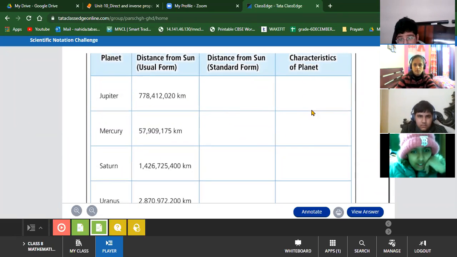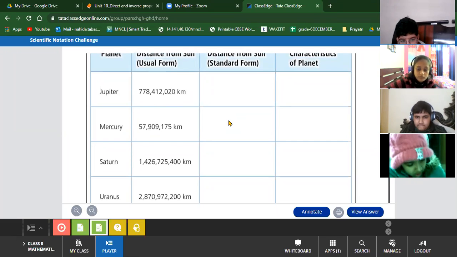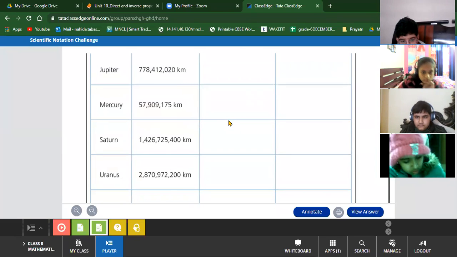The characteristics we are not going to talk about because all the planets have different characteristics. So here we'll be just converting the distance from the sun into standard form. So all the planets are here: Jupiter, Mercury, Saturn, Uranus, and then we will move on to the another one. So just do it. Then we will have a quiz.